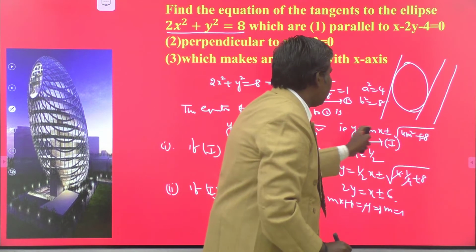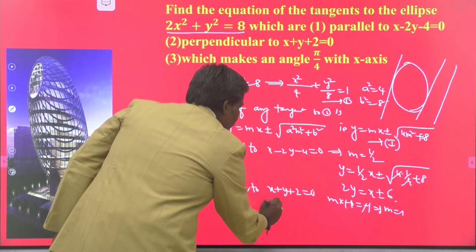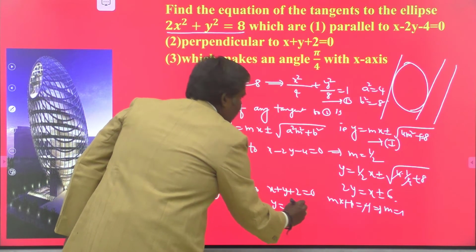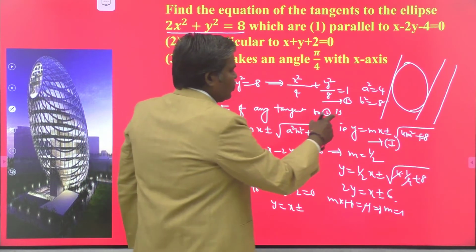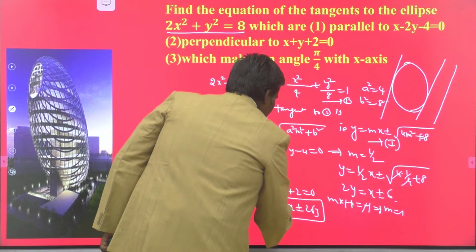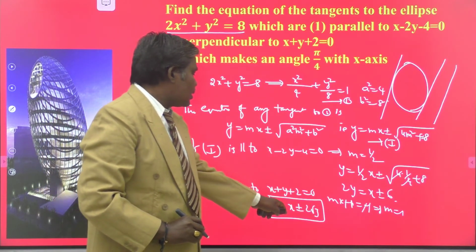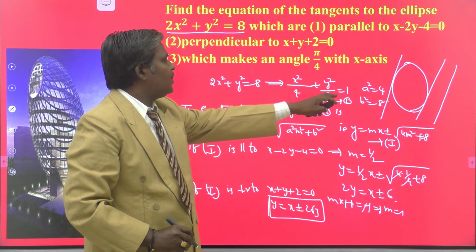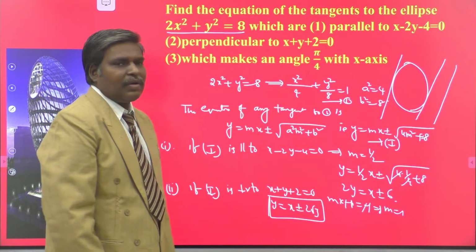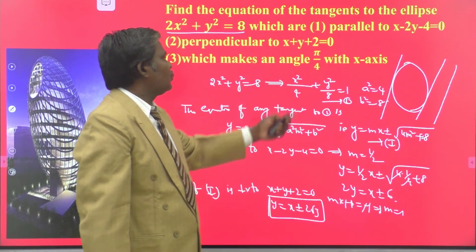Substitute m equal to 1 here, we obtain the required equation. For m equal to 1, y is equal to x plus or minus root 12, 4 3s, that is 2 root 3. y is equal to x plus or minus 2 root 3 is the equation of the tangent to the same ellipse which is perpendicular to our given line, that is x plus y is equal to minus 2.